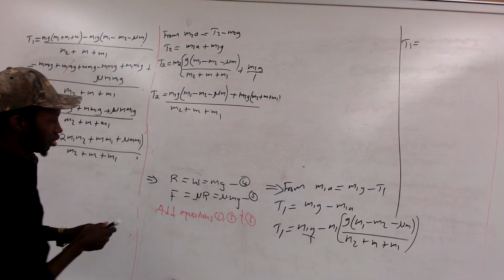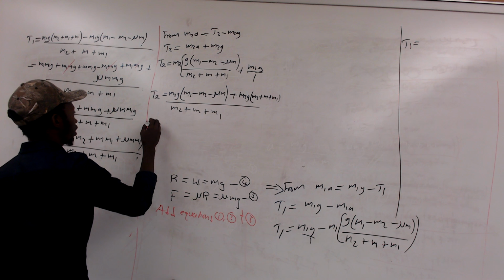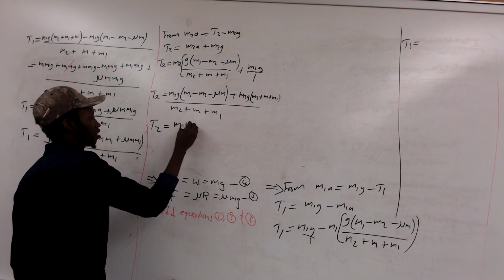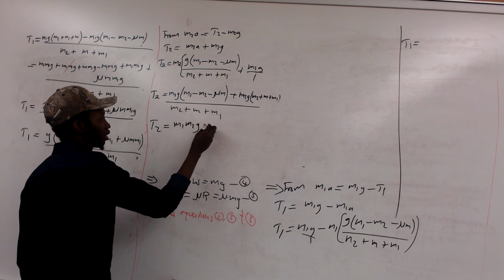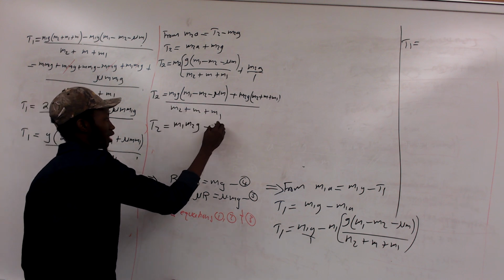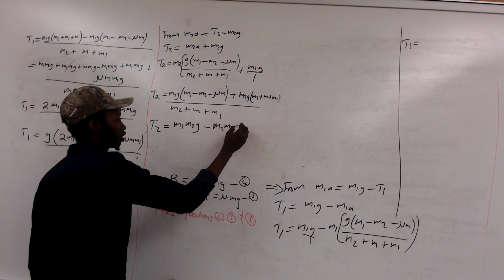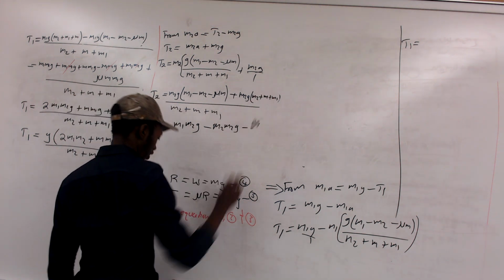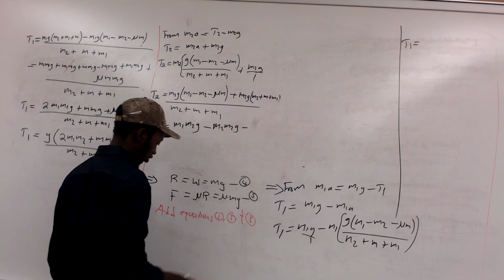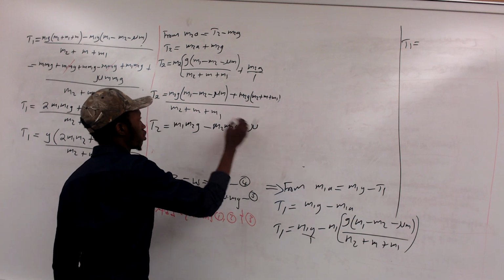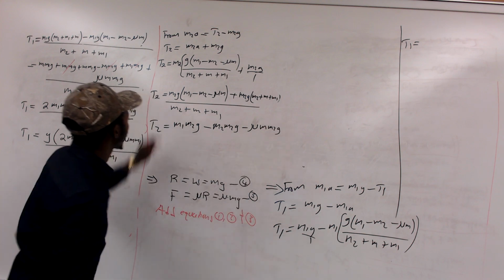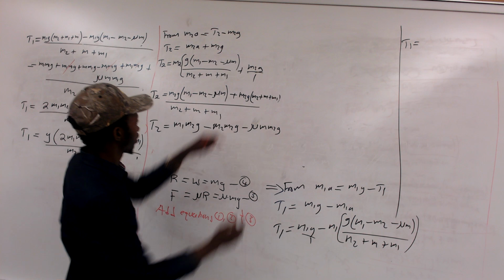So if we continue, we simplify this. T2 is going to be M2G times M1, M2G minus M2G times mu, our coefficient of friction, times M, times M2, times G. So we are out of this bracket, we'll come there again.